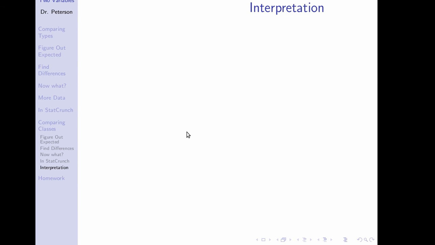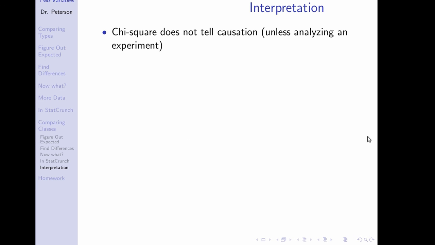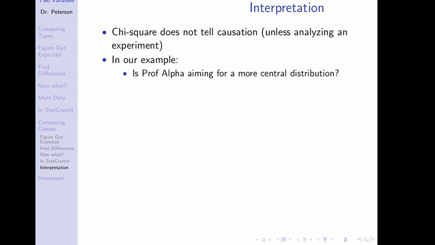Now that interpretation can also be a little bit tricky because it does not tell us causation unless you're analyzing an experiment. Unless we randomly assign students to those classes, we cannot say that Professor Alpha or Beta causes those different grades. In our example, there are a few possible interpretations. It could be that Professor Alpha is aiming for a more central distribution.